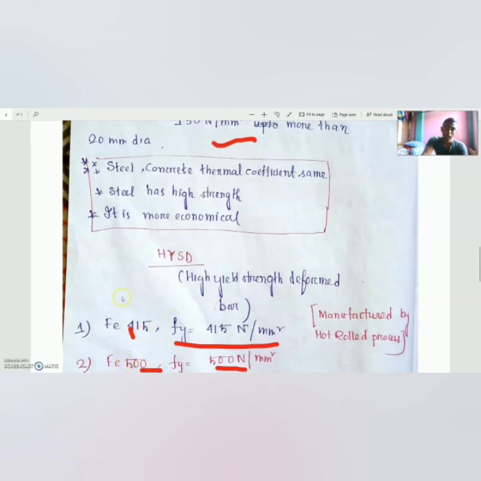For Fe415 the Fy value, the upper tensile strength, is 415 Newton per mm square, and for Fe500 the value of Fy is 500 Newton per mm square. And remember, Fe415 and Fe500 are manufactured by the hot roll process.